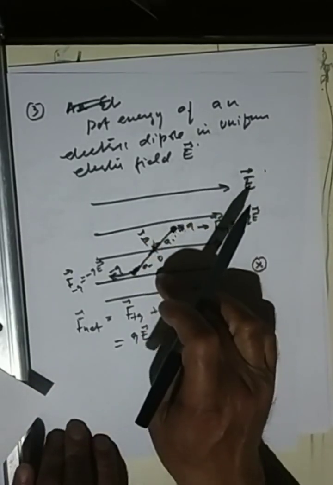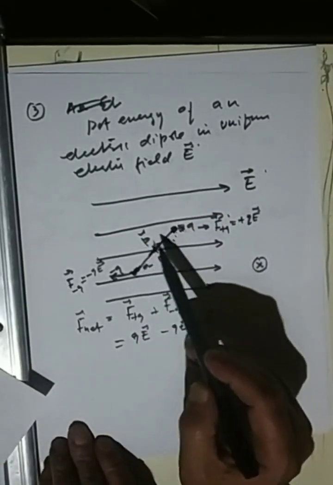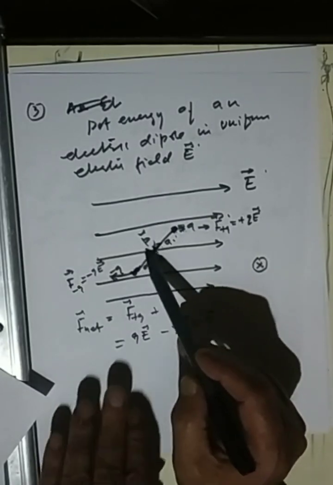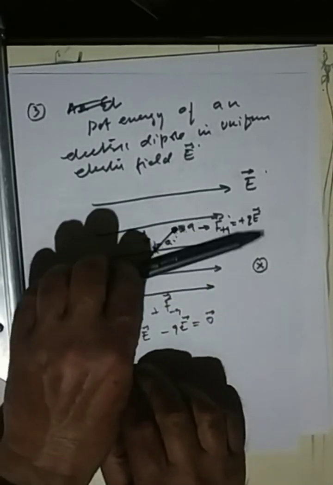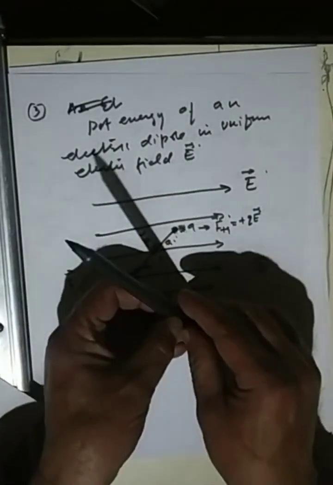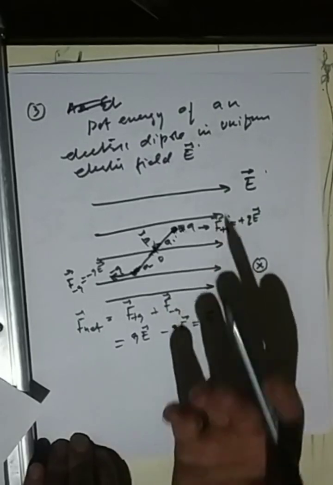Rotational work will be done. The job of the torque is to bring this dipole either parallel or anti-parallel to the field. So this torque tries to align the dipole in the direction of the field, parallel or anti-parallel to it.